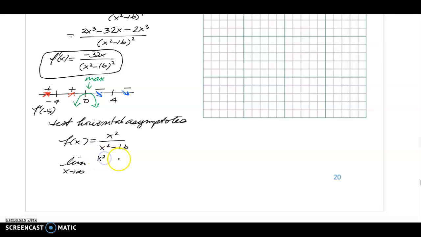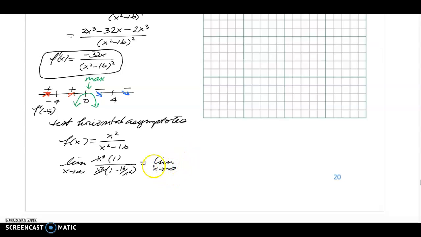So I'll just show you. You're just going to have 1 here, all over 1, 1 minus 16 over x squared, right? Those cancel. That is equal to the limit as x goes to infinity, or positive or negative infinity.